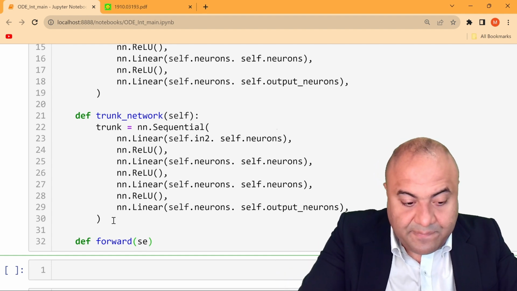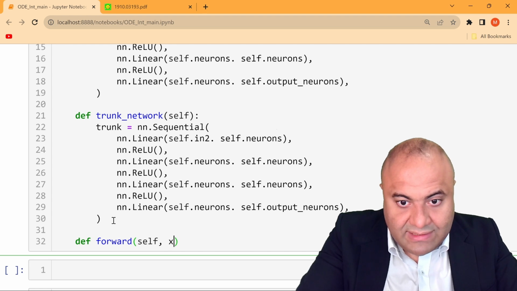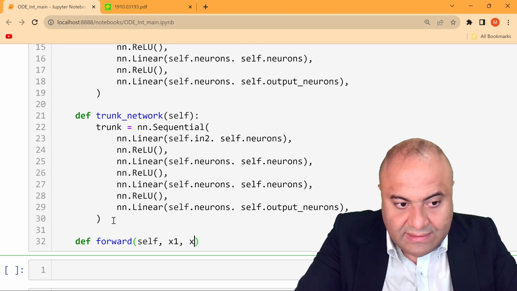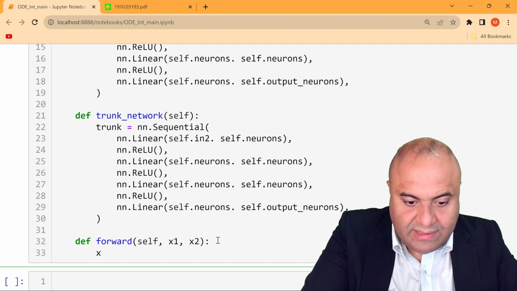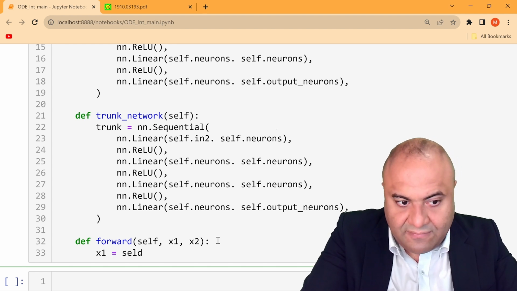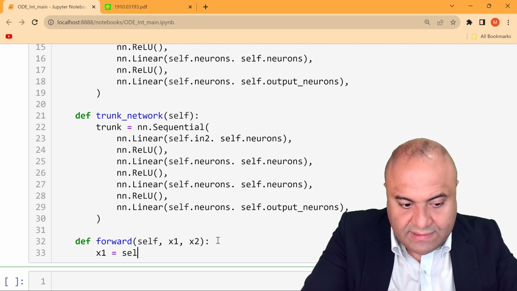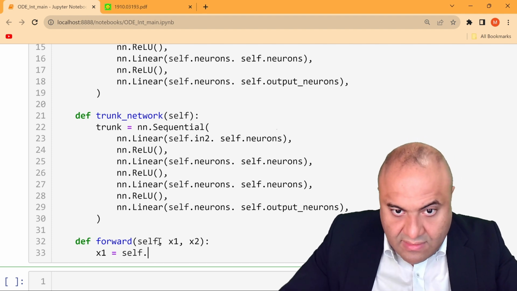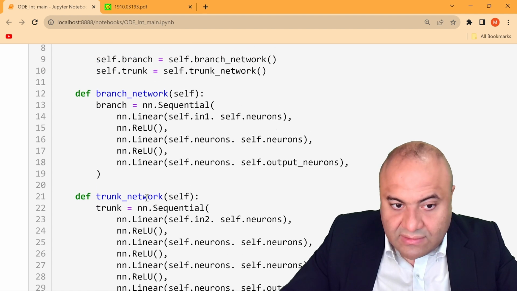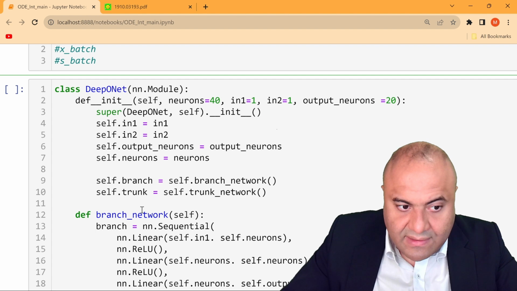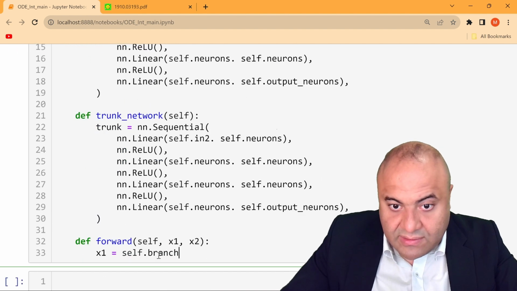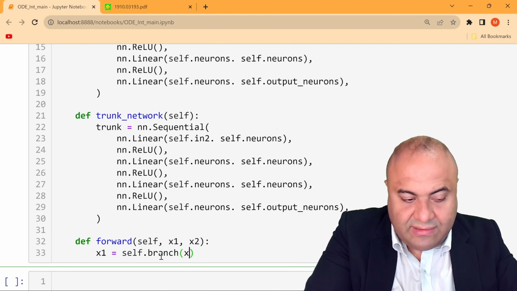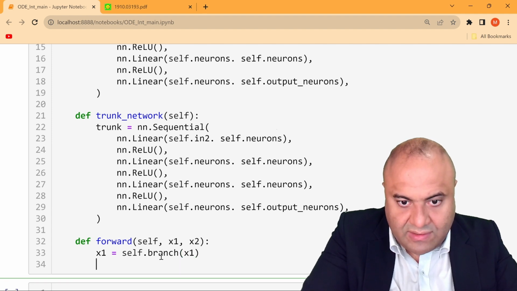So the forward function is going to be self, and it will take x1 and x2, in which x1 will equal self dot branch network, and it will have an input value of x1, x2.